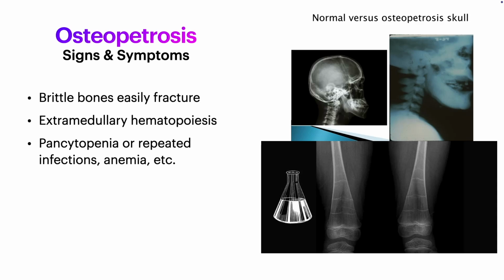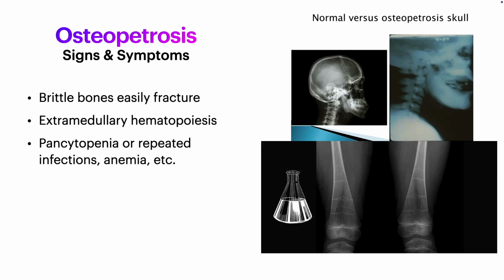Now, these two other points I thought were interesting. So extramedullary hematopoiesis, and then you have pancytopenia, repeated infections, anemia. Why would you see that in a bone disease at surface level? It doesn't seem to have anything to do with those things. So the reasoning is pretty simple. You have so much of this additional bone building, bone layering, that is taking up space in the bone marrow.